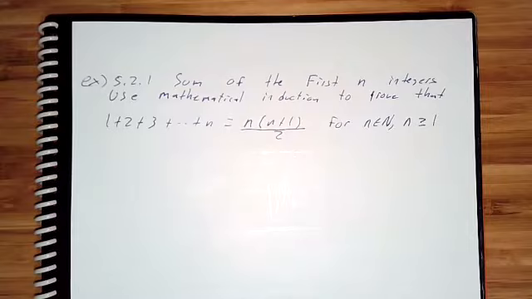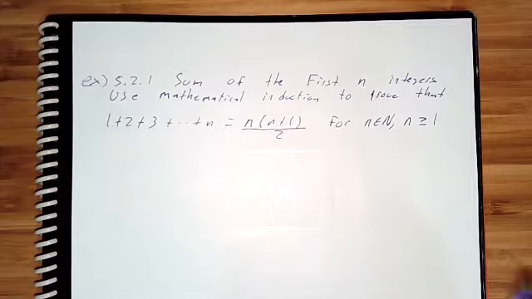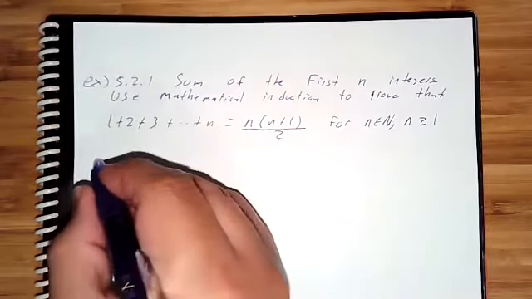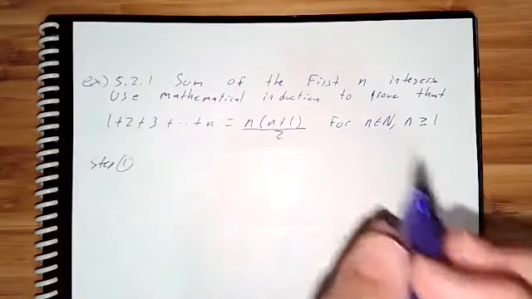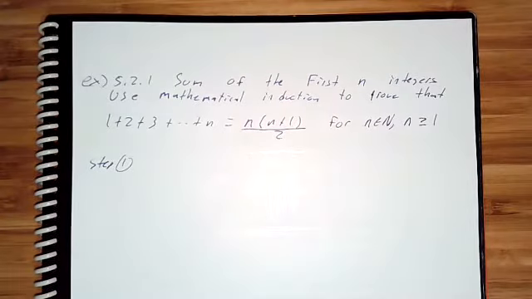Okay, so every integer that's above 1 or equal to 1, this is going to be true. So step 1, right? Show that this works for some random number. Let's say 1, like I said earlier.